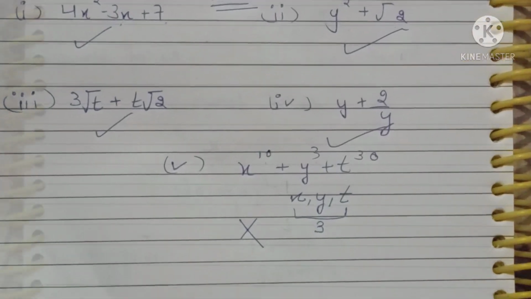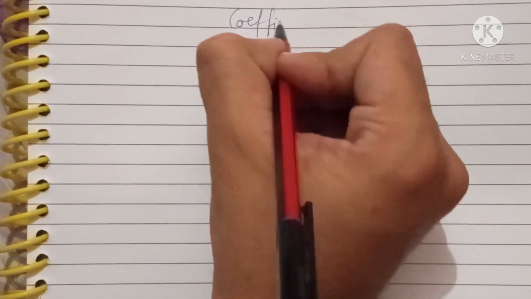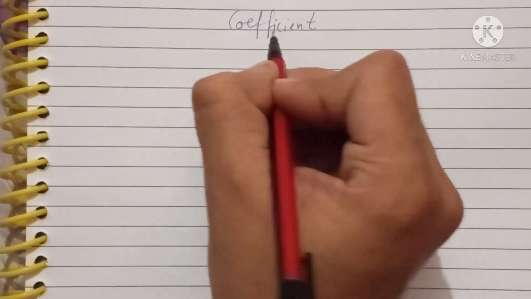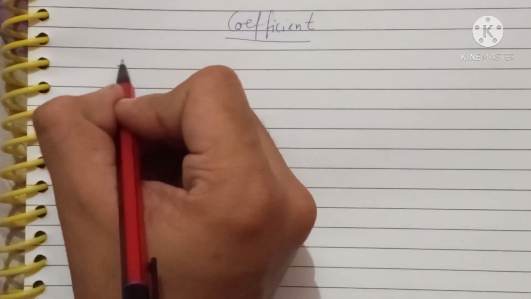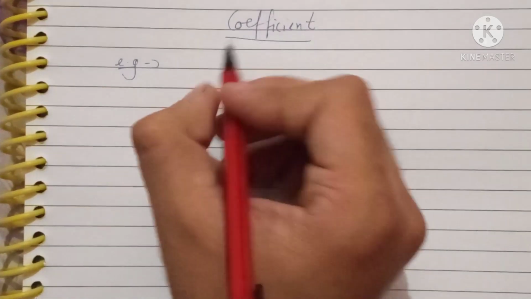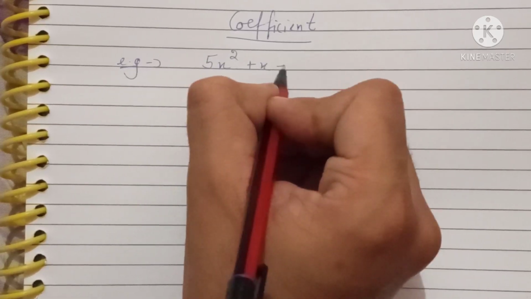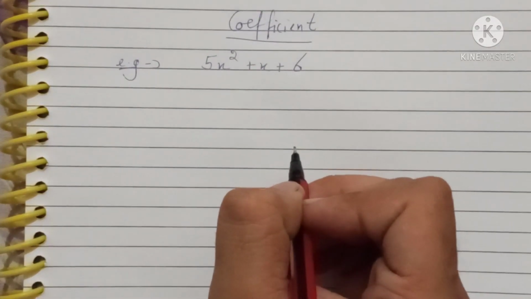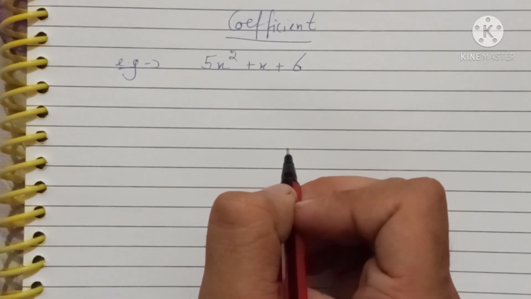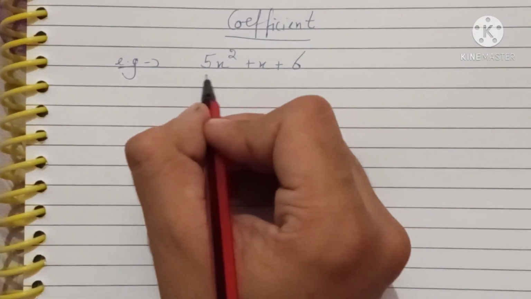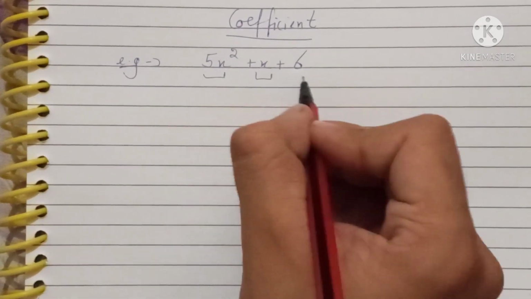Okay, so the first sum of exercise 2.1 is completed. So the next concept we will take is the coefficient. You would be asked what is the coefficient in a polynomial. So let's take an example, the polynomial 5x square plus x plus 6, right? As I told you in the previous video, in this polynomial these are the terms of the polynomial.